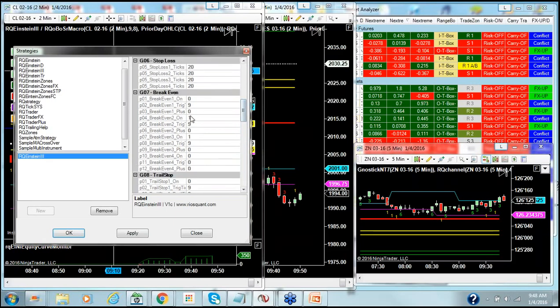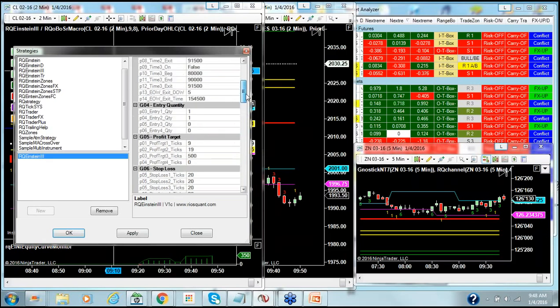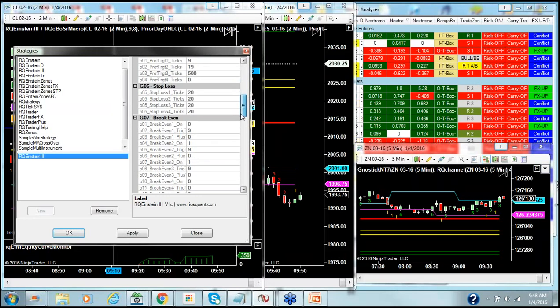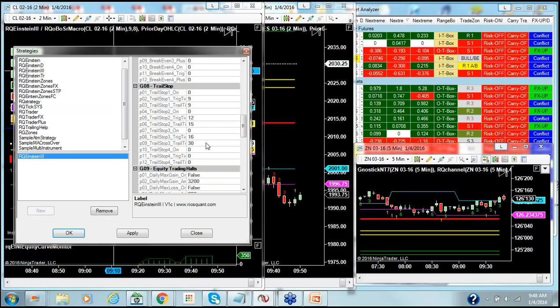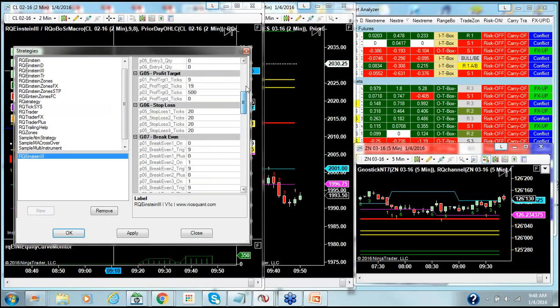You can have break even, or you can have minus 3 ticks, plus 3 ticks, whatever you want. For my third contract, I have the profit target real far away, and then I trail it depending on my feeling for the day. The trailer could be 30 ticks, 15 ticks. It depends.